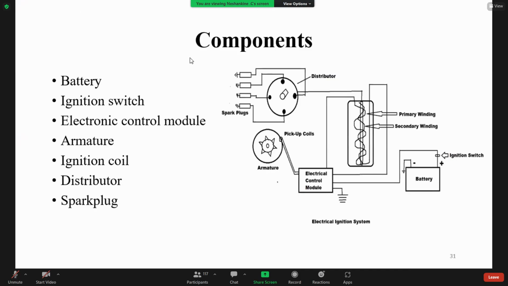No need to draw this line diagram, only list out these components.